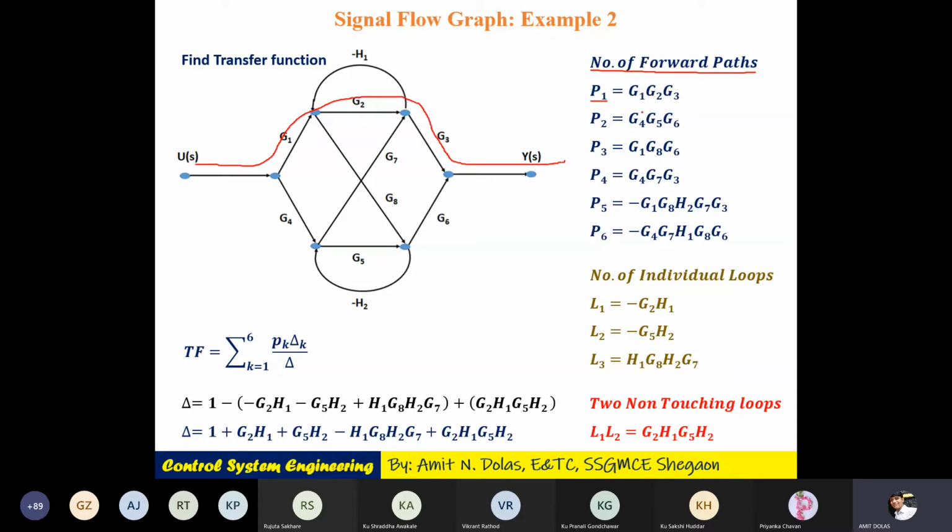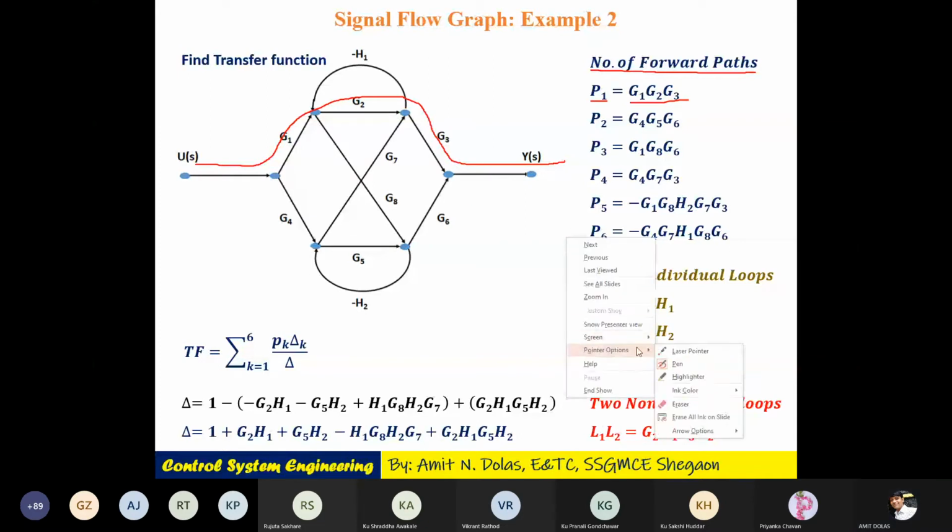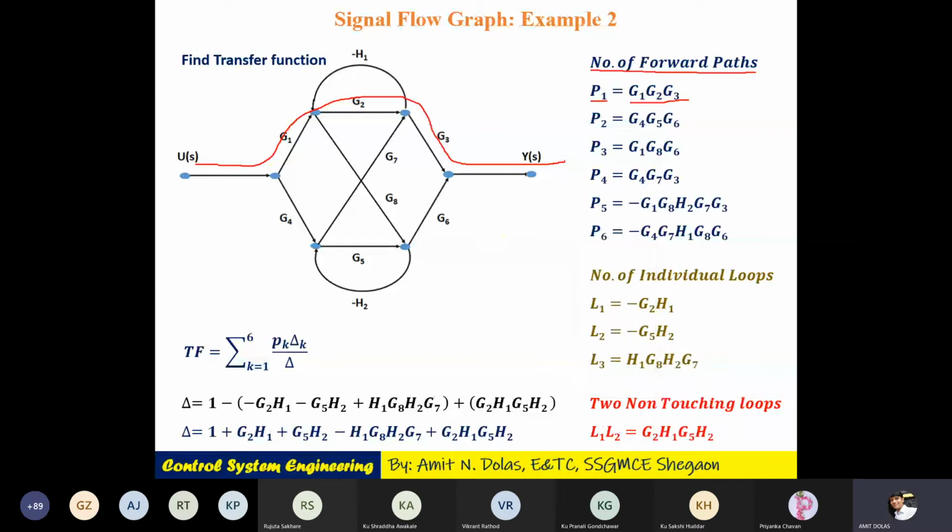We went to the output. So G1, G2, G3. Then P2. How can P2 go? It will go from G4, G5, and G6. So I have P2: G4, G5, G6.